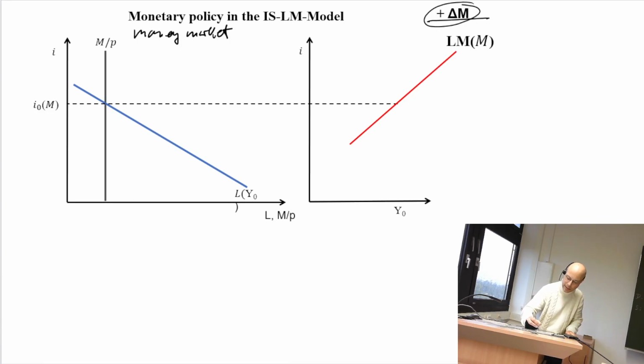Well, it's only here at money supply. And what happens if this number increases? Plus delta M. What happens to the supply curve?